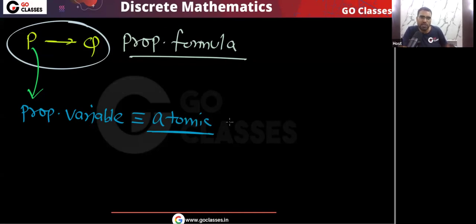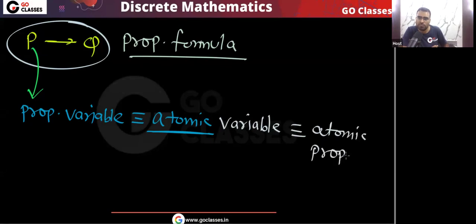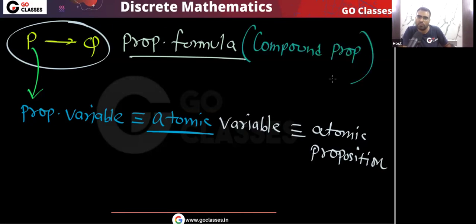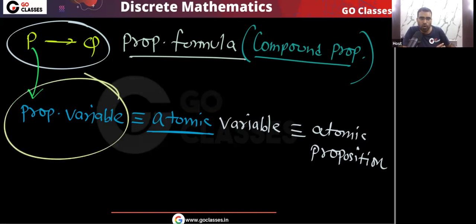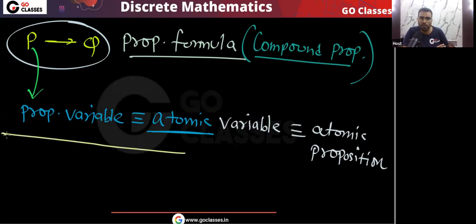So remember, a propositional variable is also called an atomic proposition. And this propositional formula is also called a compound proposition. And remember, every atomic proposition is also a compound proposition. Every propositional variable is also a propositional formula.